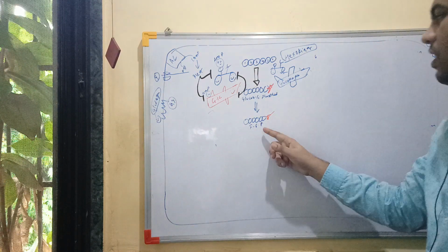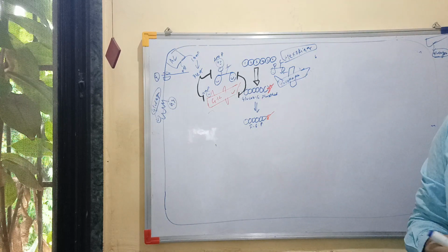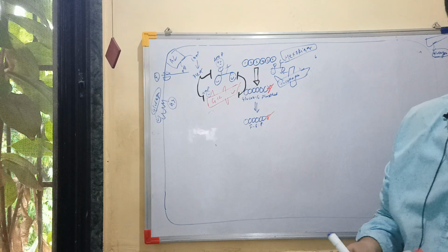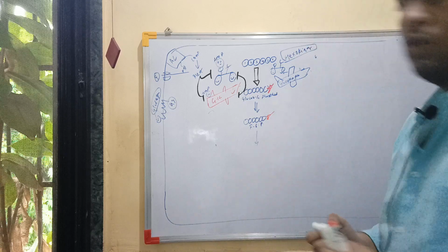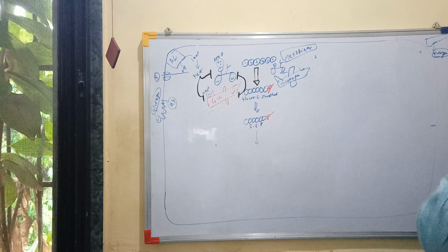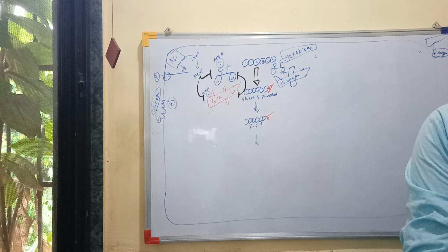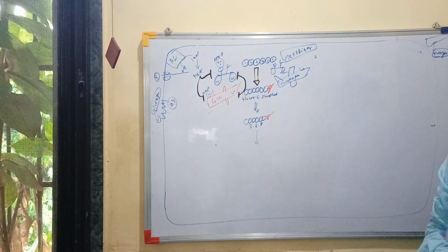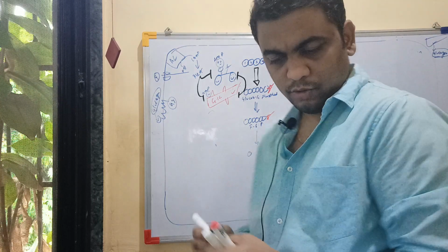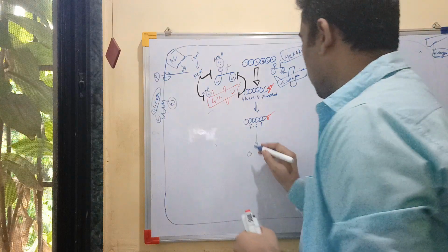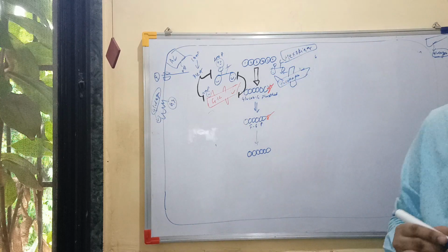Now the next step, which is fructose 6-phosphate. Here something very interesting is happening. Your fructose 6-phosphate is converting, let's say this is your fructose, 1 2 3 4 5 6.